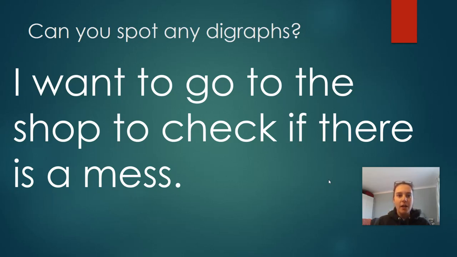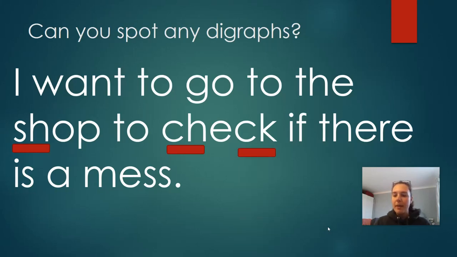Let's read the sentence. I want to go to the shop to check if there is a mess. Can you see where there are two letters that make one sound? Let's have a look. There is sh, a s and a h together make the sh sound for shop. We've got ch, a curly k and a h together make the ch sound.